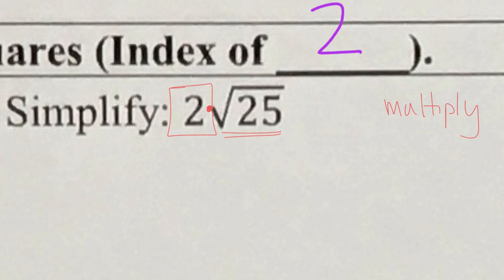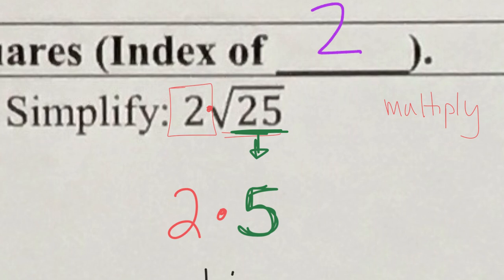In other words, what number times itself is 25? That number is 5. The square root of 25 is the real number 5. So then your answer is, what is 2 times 5? 10. So 2 times the square root of 25 is the same as 2 times 5, which is 10.